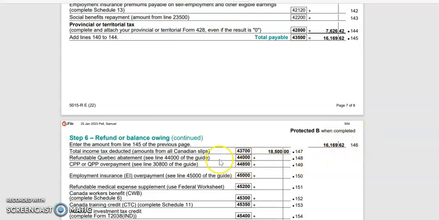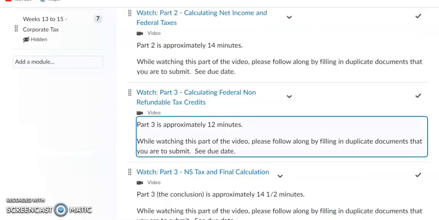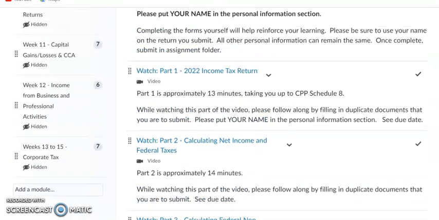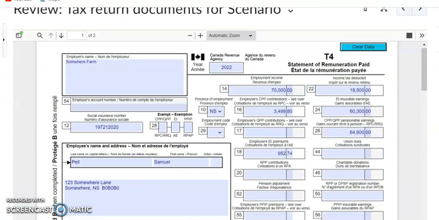Now don't forget this amount. Total income tax deducted, and that comes from all Canadian slips. So if we go over to our T4, you can see here, income tax deducted, $18,500.